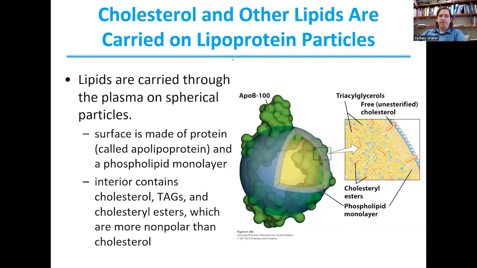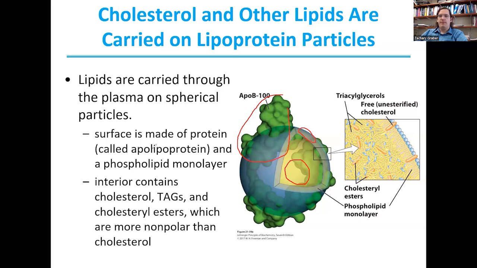These lipoprotein particles consist of a core that's filled with our nonpolar lipids that's surrounded by a layer of membrane lipids. So it's a phospholipid monolayer where we just have a single layer coating this kind of fat droplet in the middle, along with a variety of different proteins.